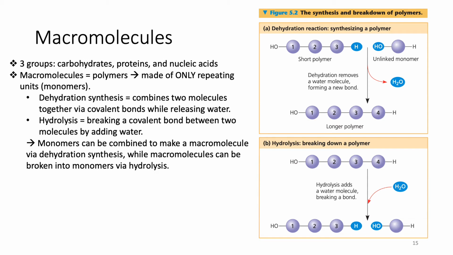On the molecular scale, members of three of these classes, carbohydrates, proteins, and nucleic acids, are huge and therefore called macromolecules. Moreover, each of these macromolecules is a polymer, which is a long molecule consisting of many similar or identical building blocks linked by covalent bonds.